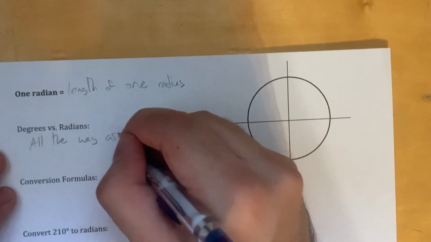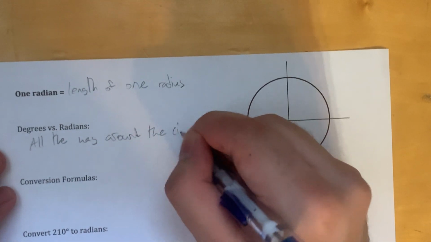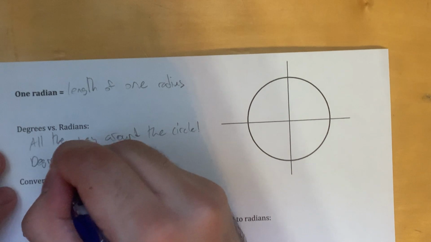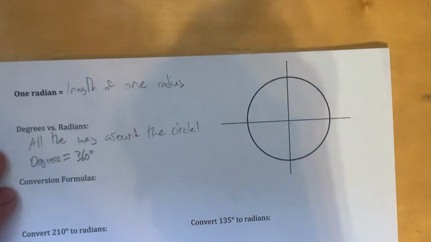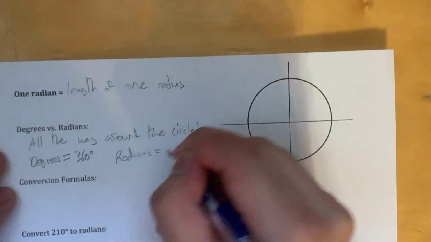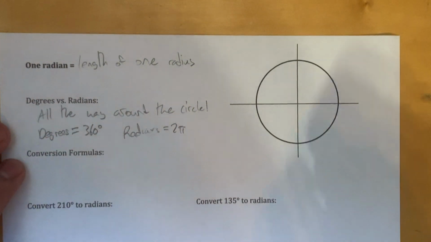This is for all the way around the circle, what I'm about to show you. All the way around the circle, degrees equals 360 degrees. Radians equals 2 pi if you go all the way around the circle.